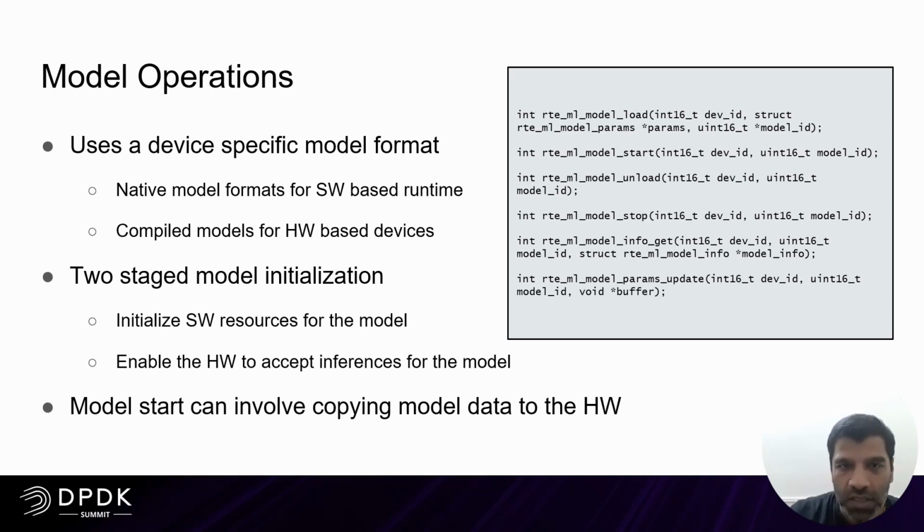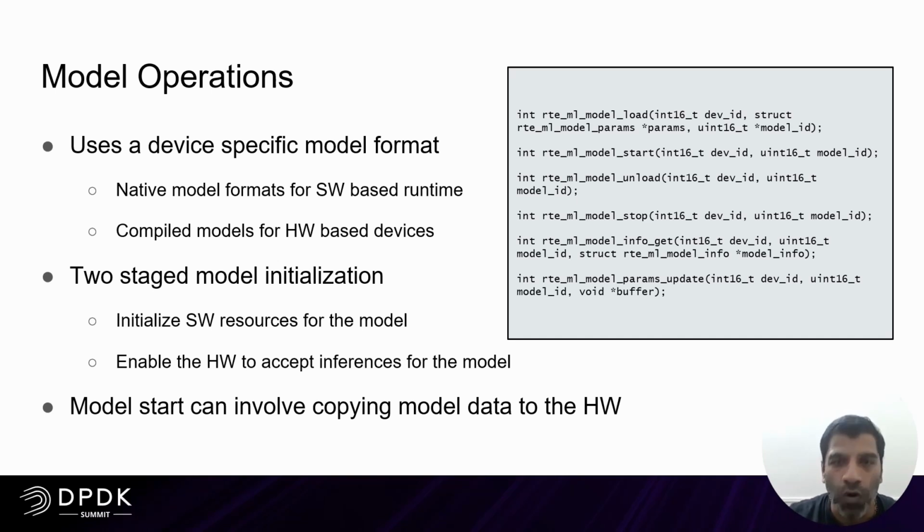Now, the model operations are primarily of two types. One is for enabling the models, and the second is for disabling the models. These two operations are again split into two different stages. For example, if we take the operation for enabling the models, it is split into two stages.